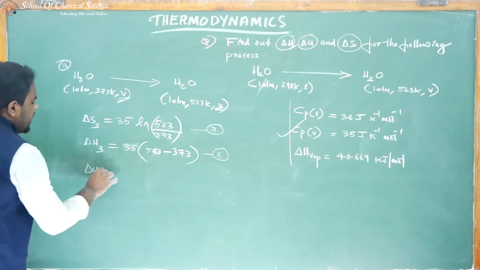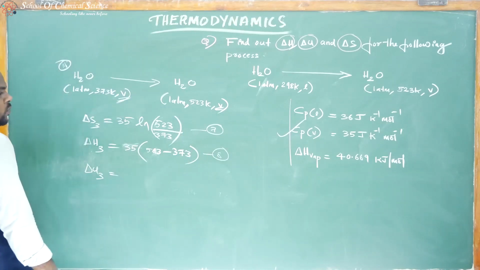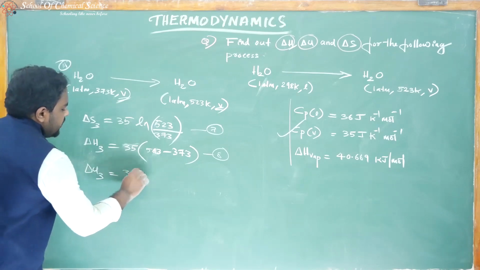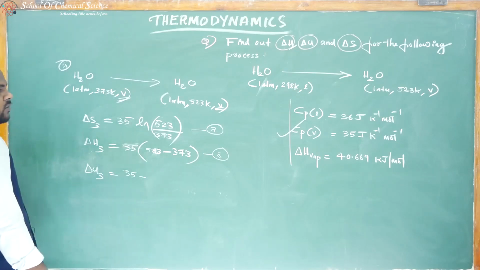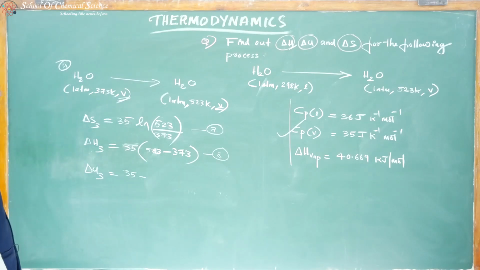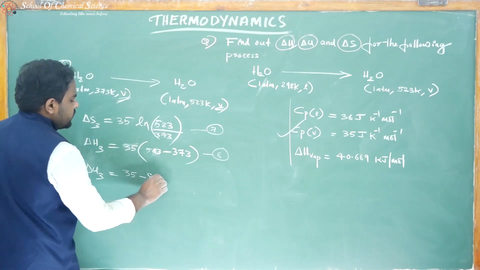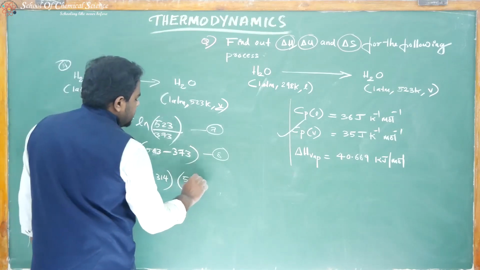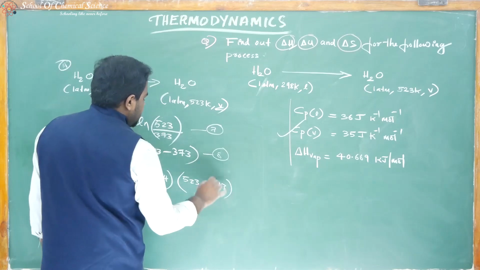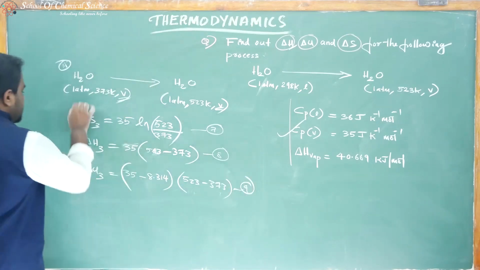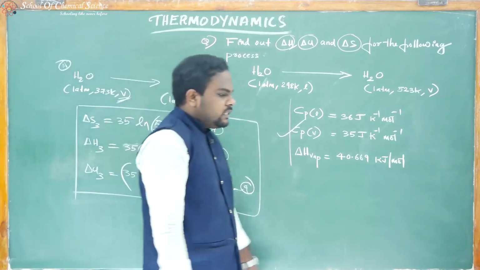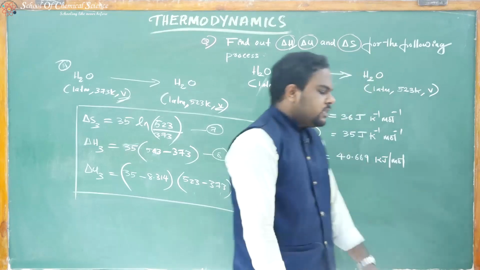And finally delta U3 is equal to CP minus R, 35 minus R. What is the value of R, the universal gas constant R? 8.314. CP minus R into 523 minus 373, equation number 9. This is the entropy change, enthalpy change and internal energy change for the third step.